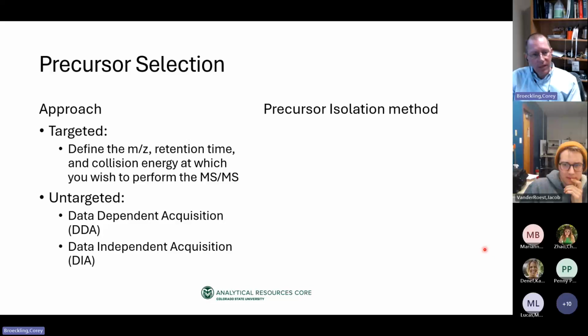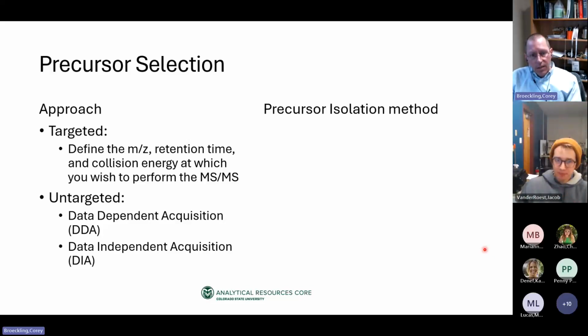So you give it a list of rules before you make the injection, but the decision tree is dependent on the data as it's being acquired. And a second approach called data-independent acquisition, which is scheduled, but not targeted to any particular molecule. And I'll explain what that is as well.